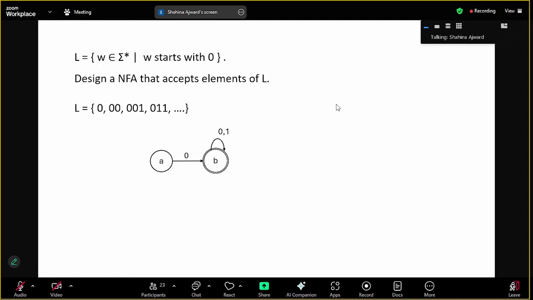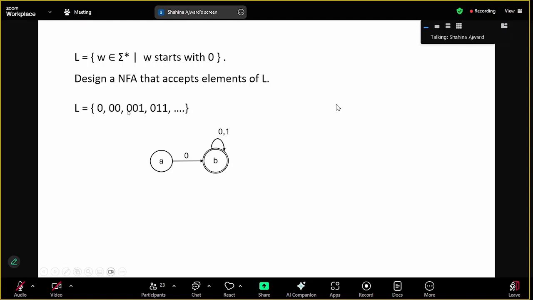It should end at the final state. Sometimes some strings go through the final state but don't end at the final state, so we don't say it is accepted by that machine.